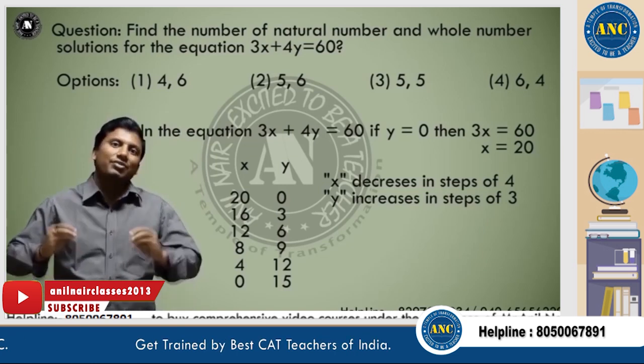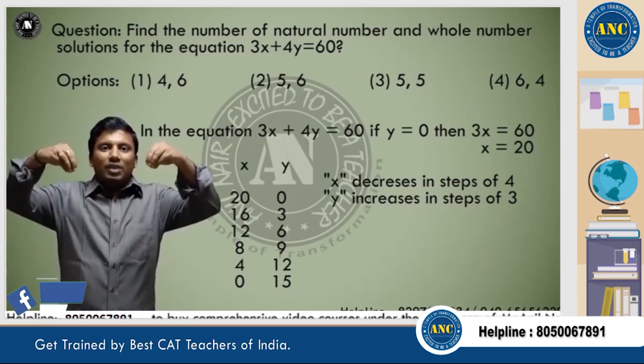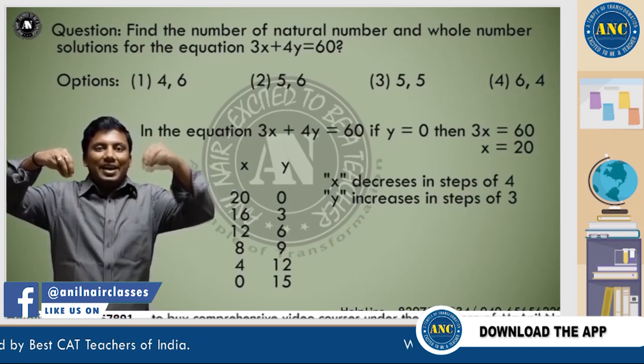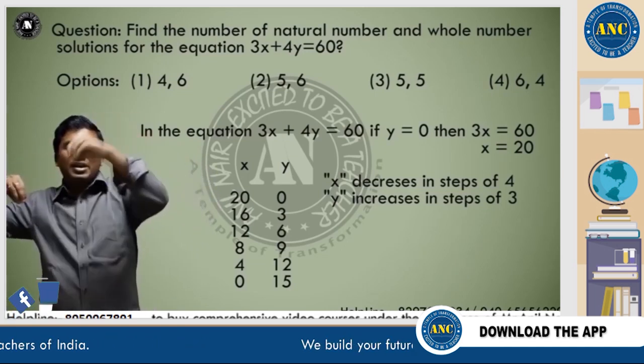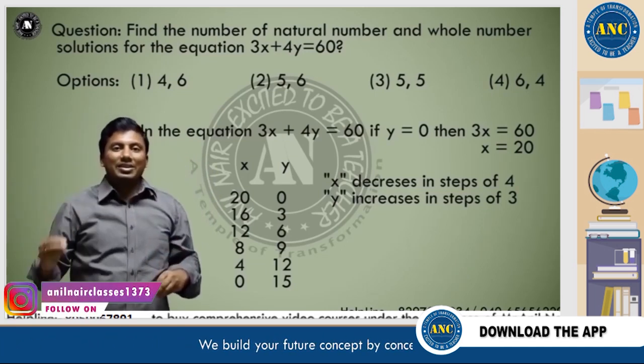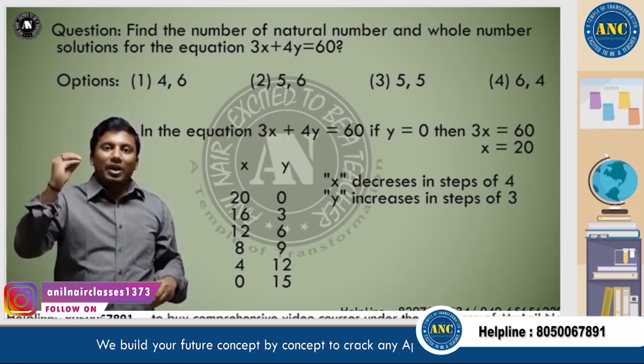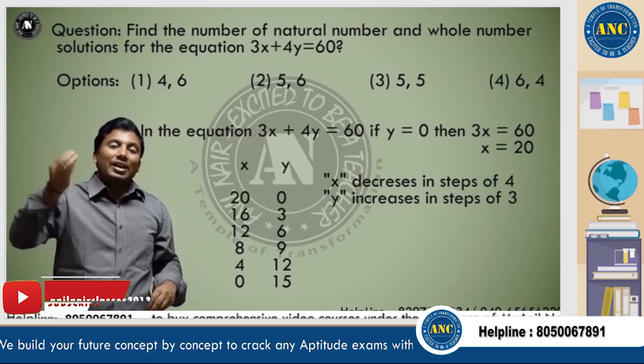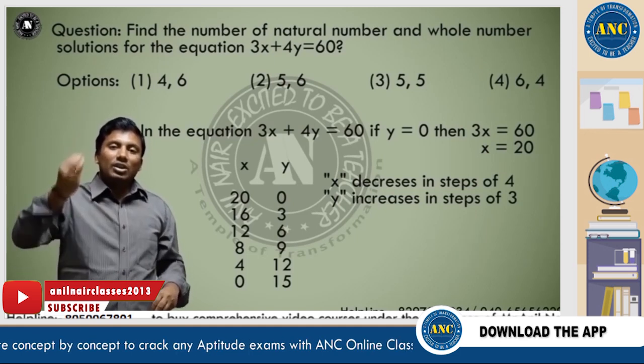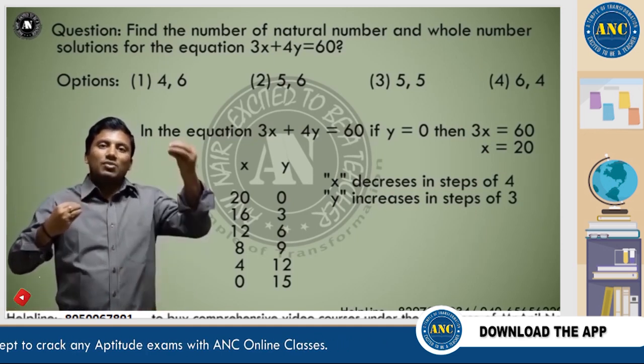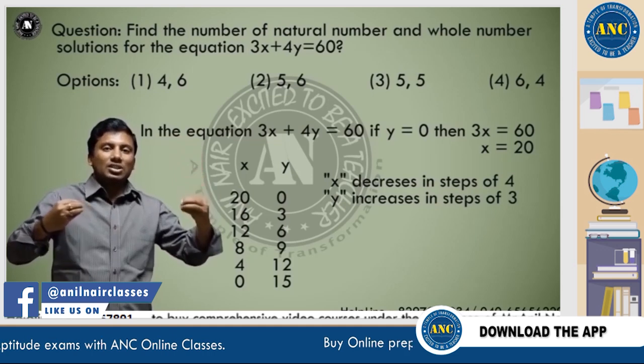As discussed a few minutes before, x and y are inversely related. If x increases by 4, y will decrease by 3. So if y is 0, y will increase by 3. So the next value will become 3. x will become 20 minus 4, 16.